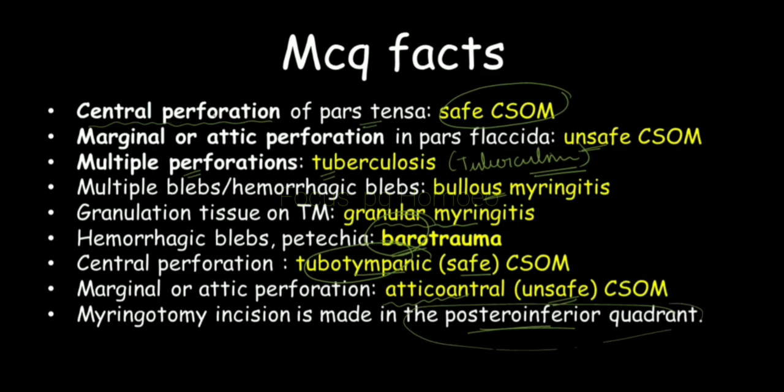To summarize: central perforation is safe or tubotympanic CSOM, marginal or attic perforation in pars flaccida is unsafe or attico-antral CSOM, multiple perforations indicate tuberculosis, multiple hemorrhagic blebs indicate bullous myringitis, granulation tissue indicates granular myringitis, petechiae indicate barotrauma, and myringotomy incision is in the postero-inferior quadrant. The cone of light is in the antero-inferior quadrant. Don't forget that.